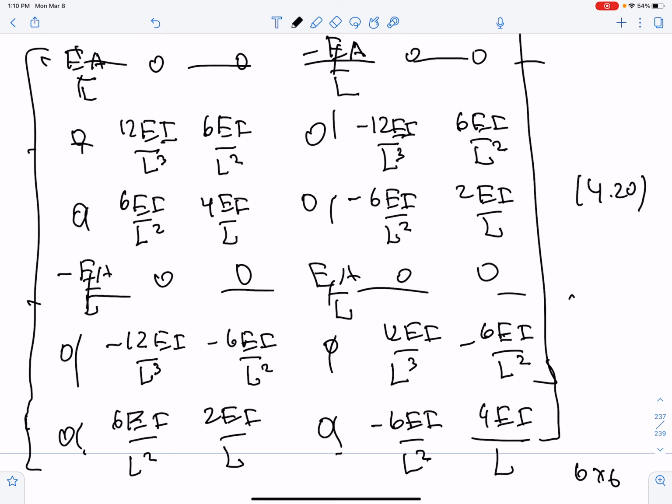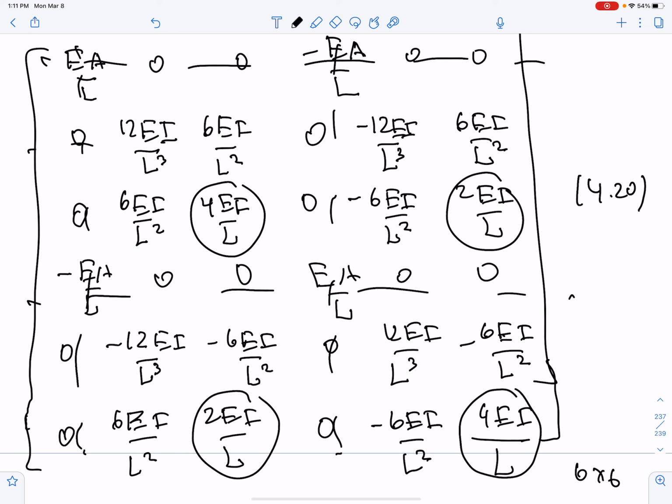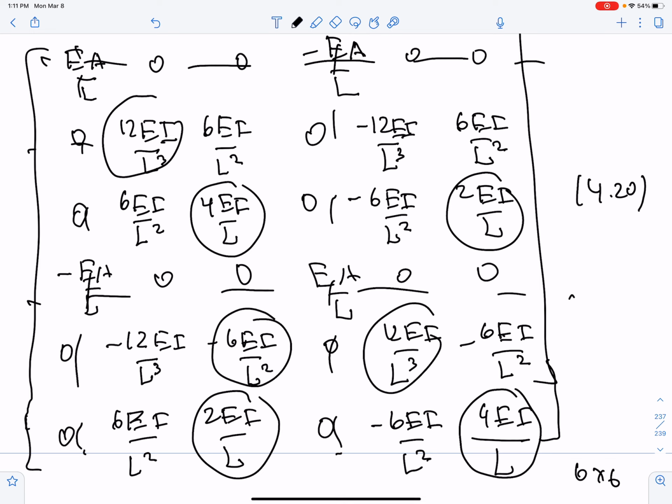So here's your 4 EI over L, 2 EI over L, 2 EI over L, 4 EI over L. These are the entries that couple the rotational degrees of freedom. As you can see, the axial displacements are not participating. But then you have all these other additional entries like this that couple the vertical displacements and rotations to take care of rigid body mode. So this matrix structure is quite complicated, okay.